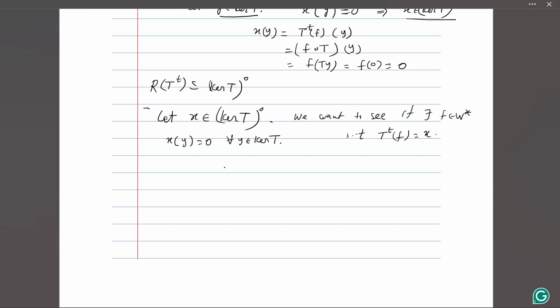Can we create F such that F composed with T is equal to X?